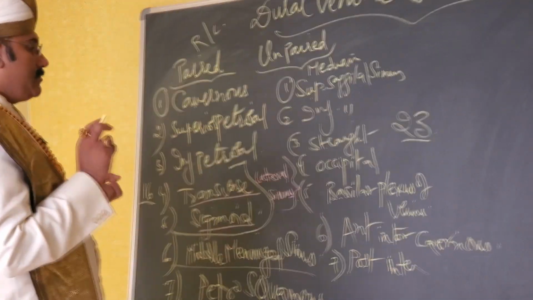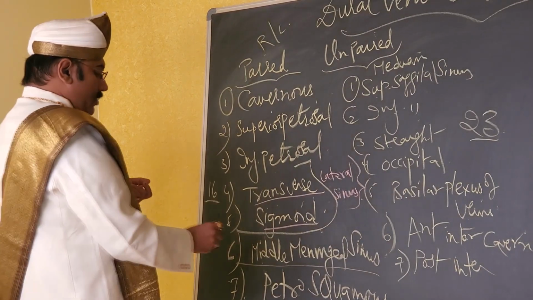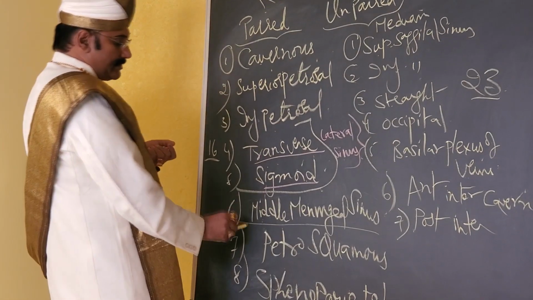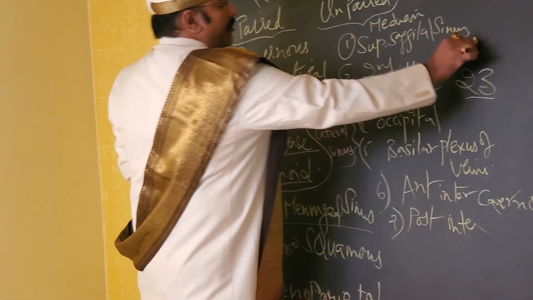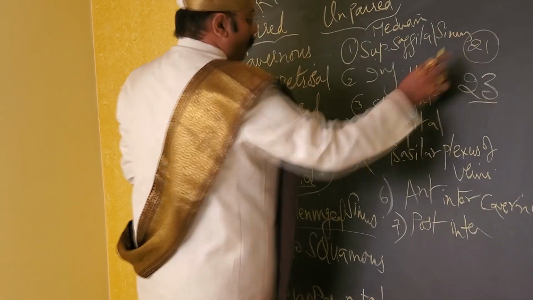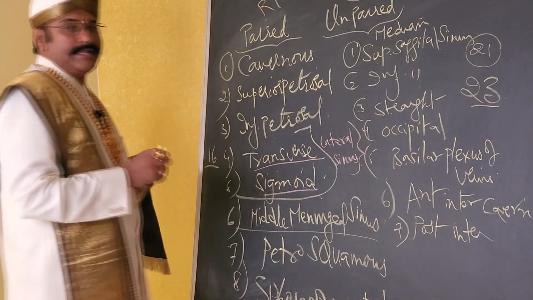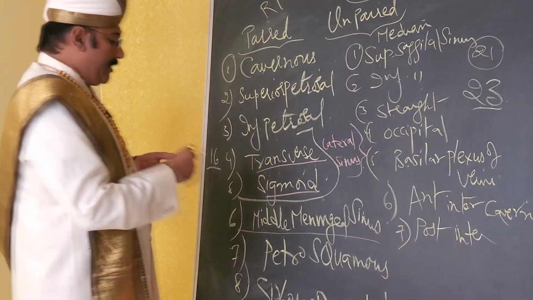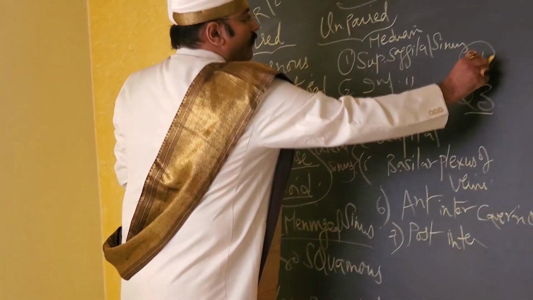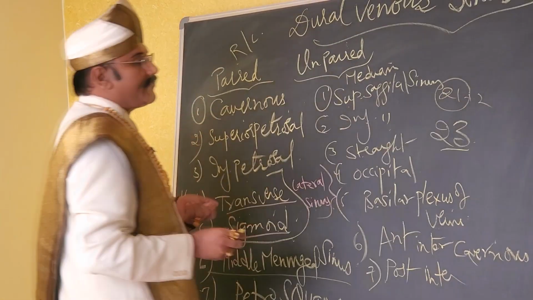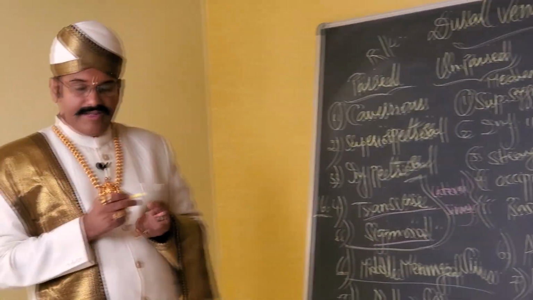Some people will not include the middle meningeal sinus as a dural venous sinus. In that case you will get 21 if you are not including the middle meningeal sinuses. But if you are including the middle meningeal sinus, then you will get 21 plus 2, that will be 23. So there are 23 dural venous sinuses.